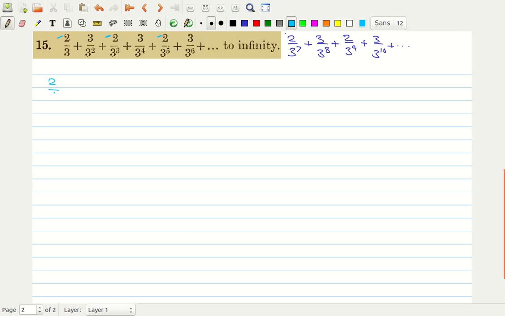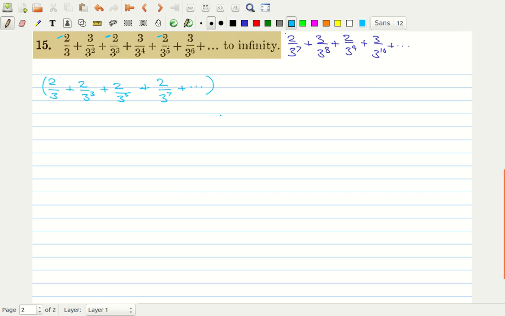2/3 + 2/3³ + 2/3⁵ + 2/3⁷ and so on, right. Let me write 3 to the power 5 so that it looks like it is a power.